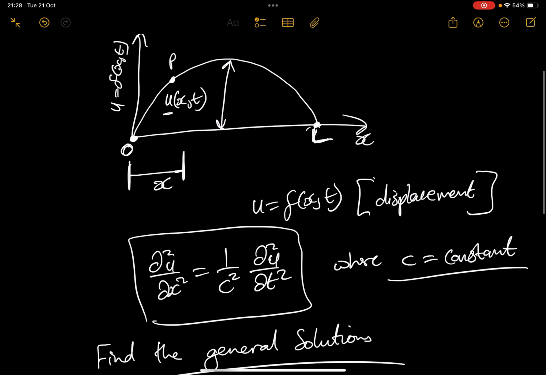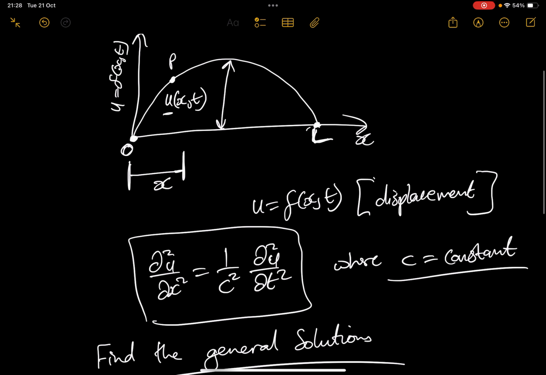So now here we can then write our equation as our general solution, as we wrote earlier, as a cos px plus b sine px times c cos pct plus d sine pct, like this.